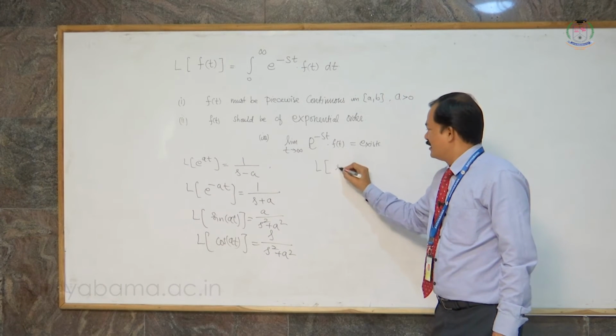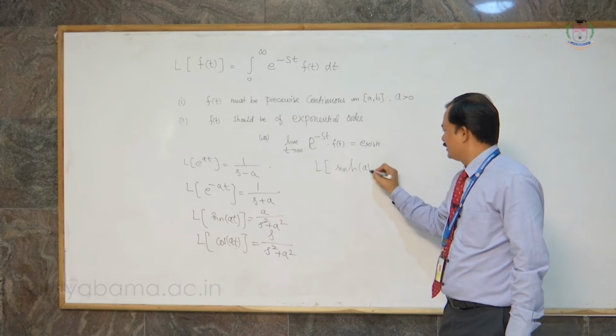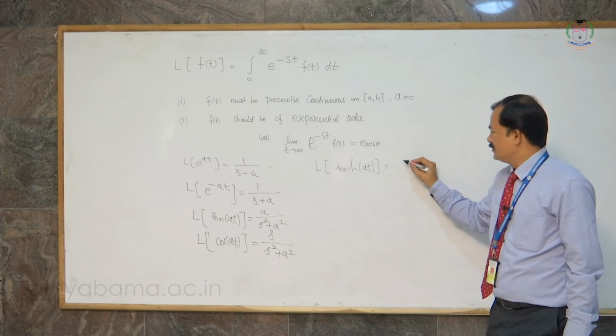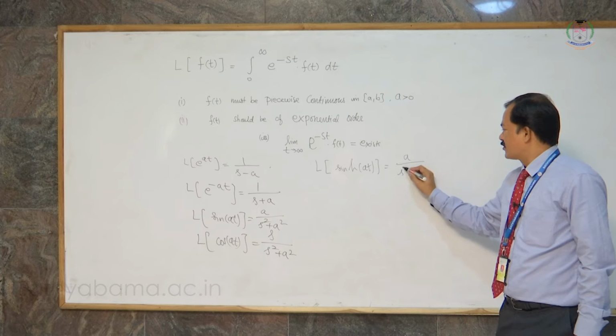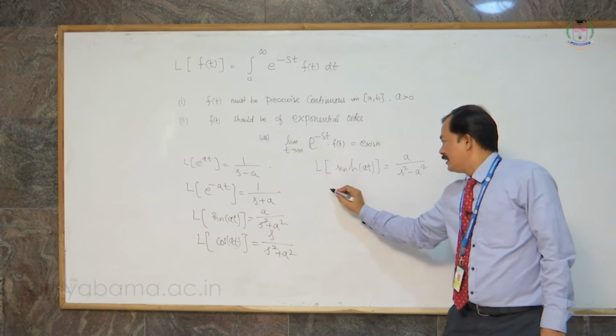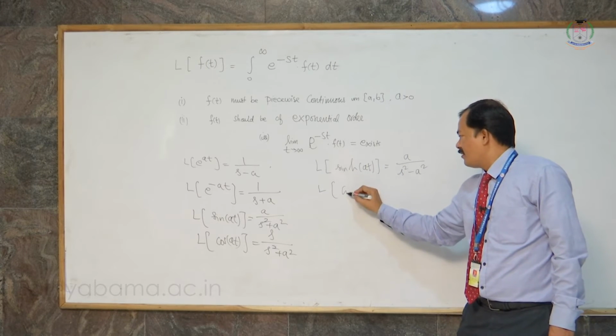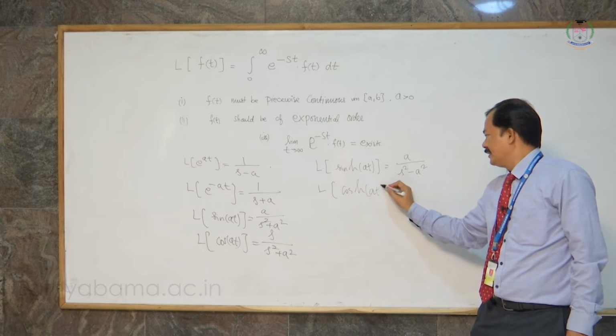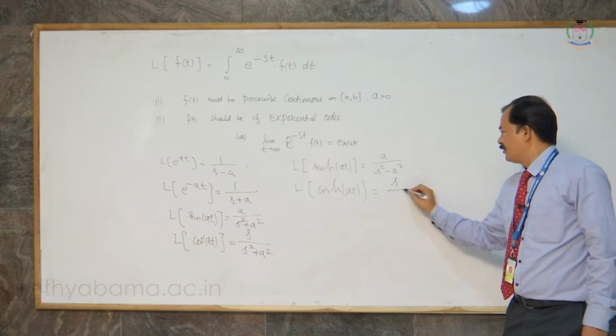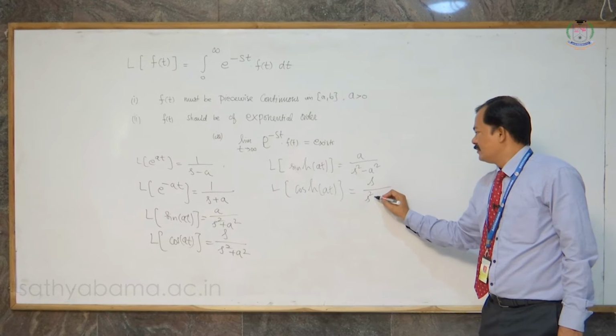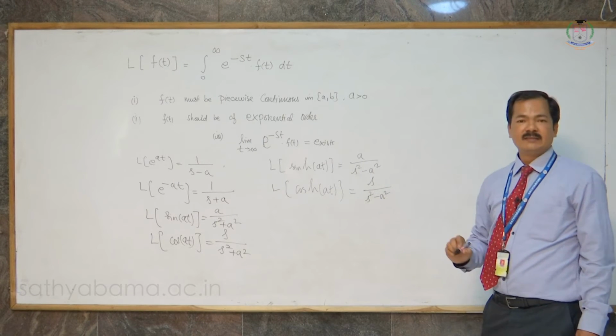Laplace transform of sinh at, a hyperbolic function, is equivalent to a upon s square minus a square. Laplace transform of cosh at is equivalent to s upon s square minus a square.